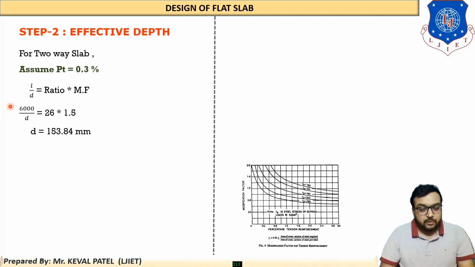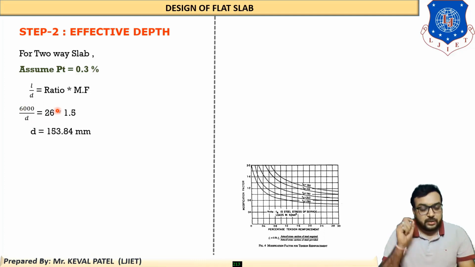Students, remember in the last lecture in the disadvantages, the first disadvantage is that the thickness of flat slab is more. Whenever we provide a higher value over here, our value of thickness is more. If we provide 4000 here, our value of small d is less, because d is directly proportional to L in this equation.